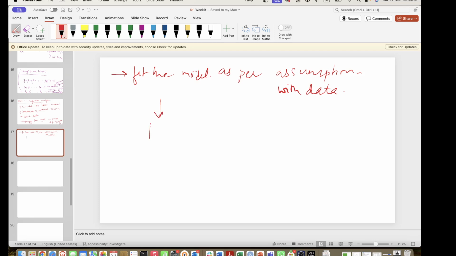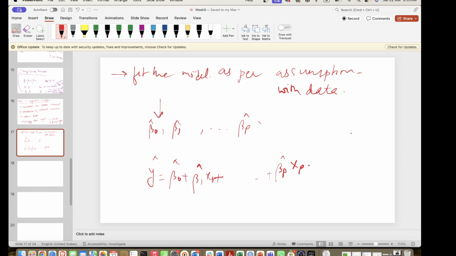This would give us the estimates of the regression coefficients, and then once we have those, we will also have some predicted value of y given all these x's.